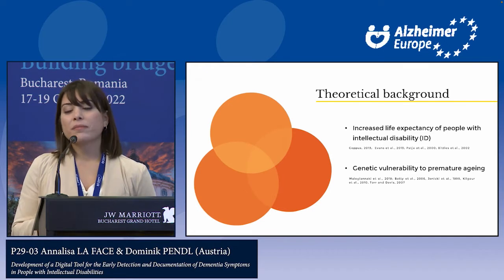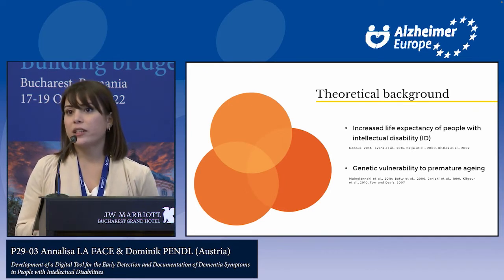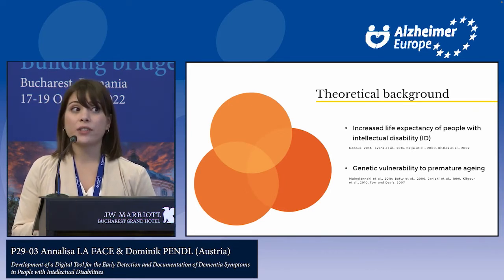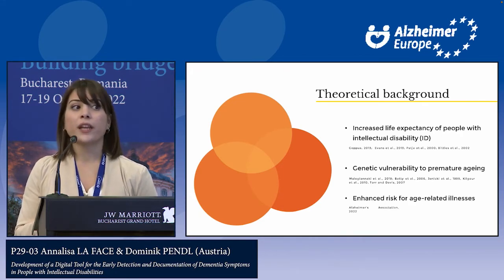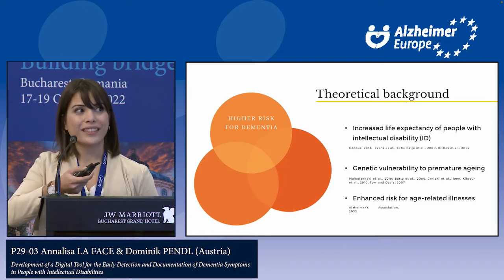And people with intellectual disabilities, and especially with Down syndrome, also have some genetic vulnerability to premature aging, which brings, of course, an enhanced risk of suffering from age-related illnesses and especially dementia.